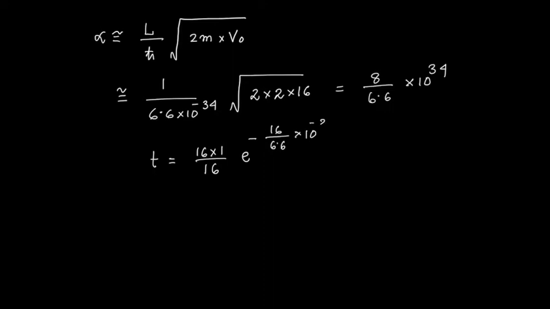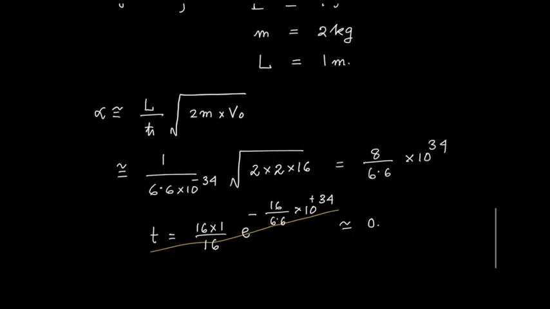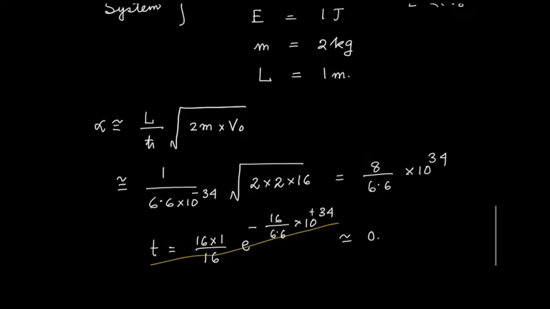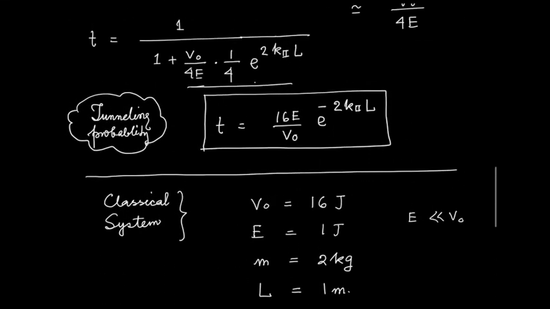You see, e to the power 10 to the 34 or 35 in the denominator is essentially 0. To be strict, it is not exactly 0. There is a very small tunneling probability, but it's so small that you would need to wait for a time more than the age of the universe. So it's not practical.